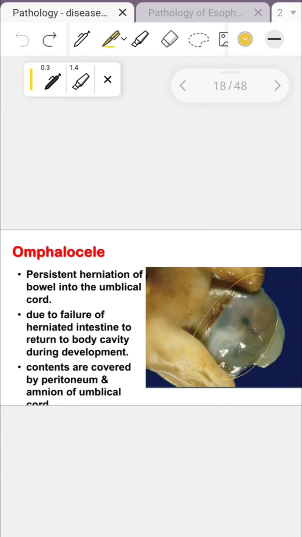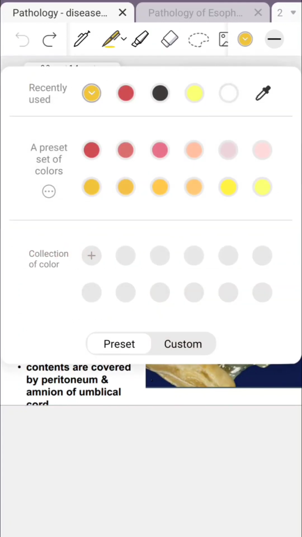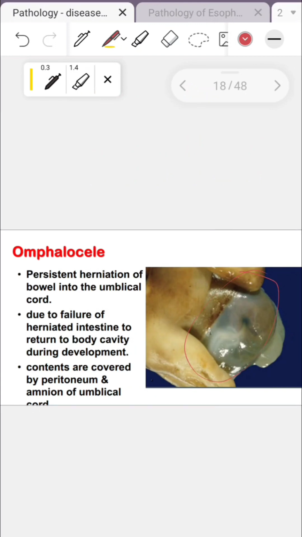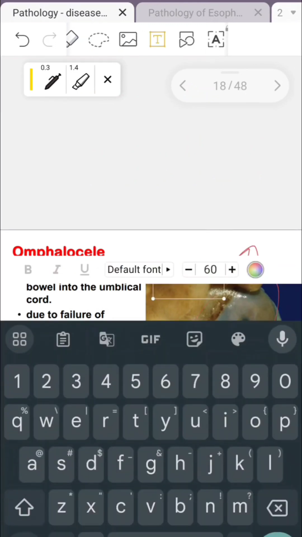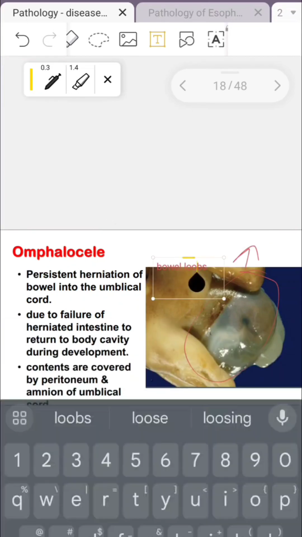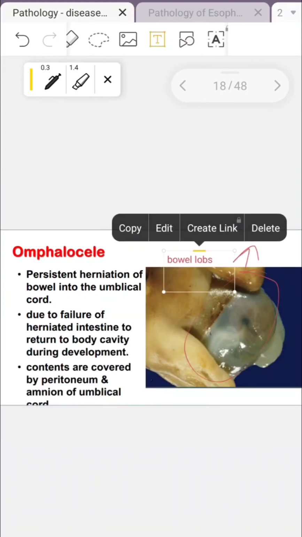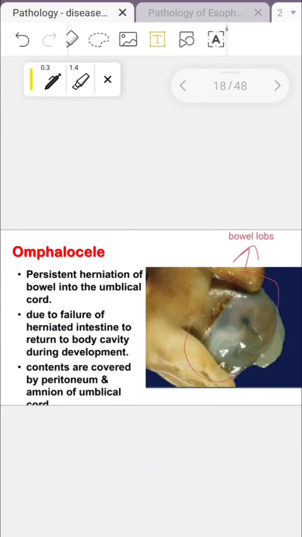Not exposed like in gastroschisis. In gastroschisis, the bowel loops are seen exposed without covering. Here the loops are covered by a layer of amnion and peritoneum, seen as a bubble-like sac or covering.